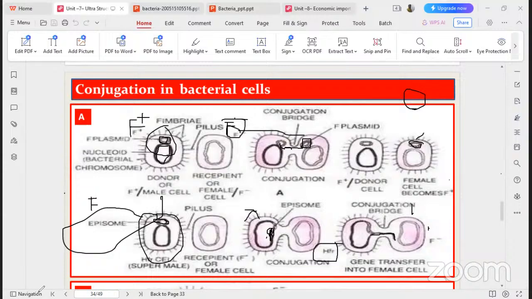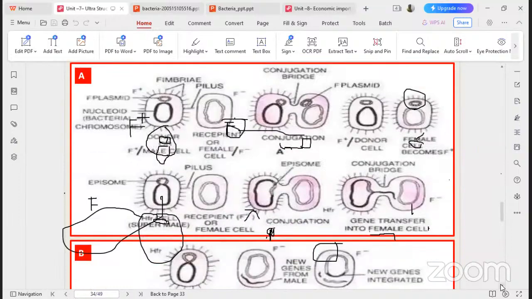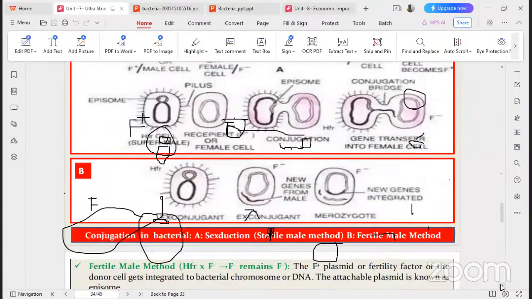These are the two types of conjugation: between F plus and F minus, and between HFR and F minus. In HFR with F minus, the normal genetic material is also exchanged along with the plasmid.